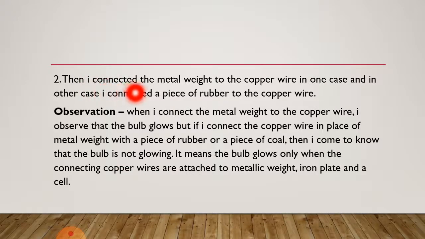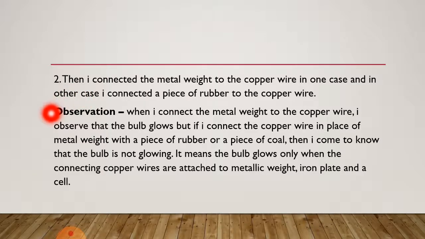Then I connected the metal weight to the copper wire in one case, and in another case I connected a piece of rubber or a piece of coal to the copper wire. Is that clear?